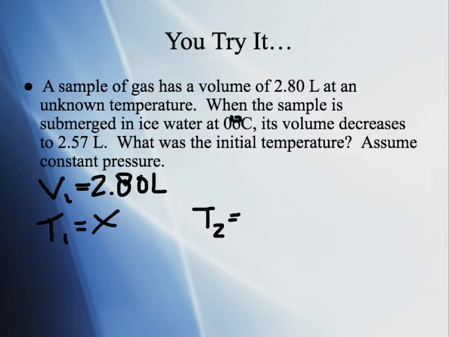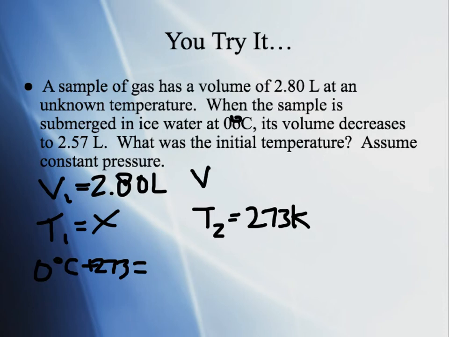That's right, Kelvin. So in order to change 0 degrees Celsius into Kelvin, we have to add 273. So T2 is going to be 273 Kelvin. All right, and it says its volume decreases to 2.57. All right, so what is the initial temperature?